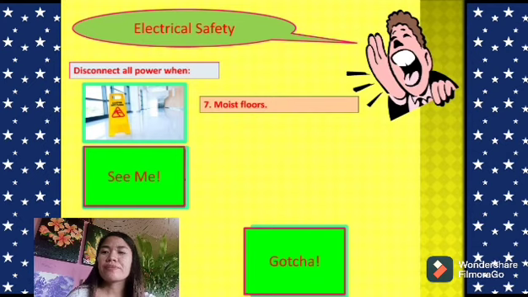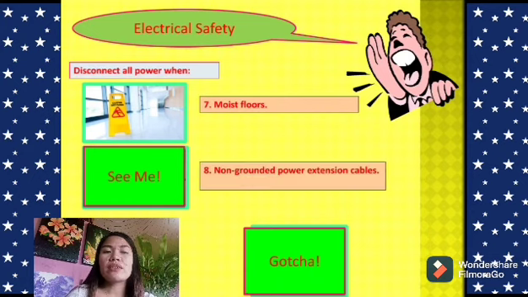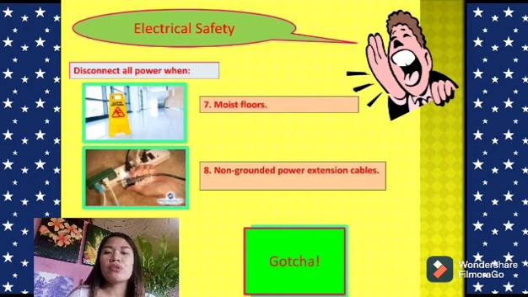Avoid working on a wet floor area because there are wirings that cannot be exposed to moisture. Next is non-grounded power extension cables.